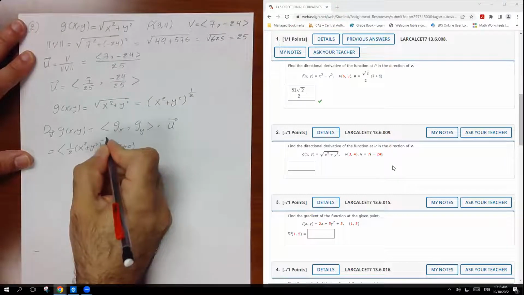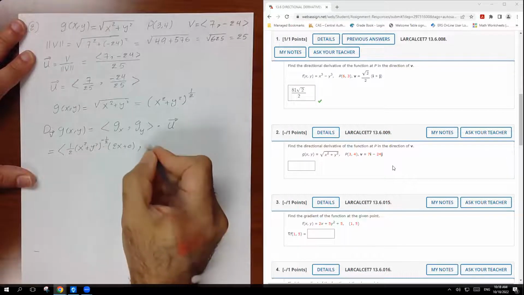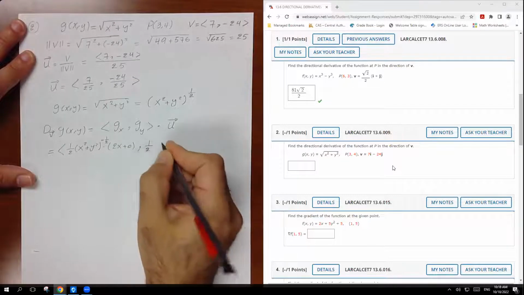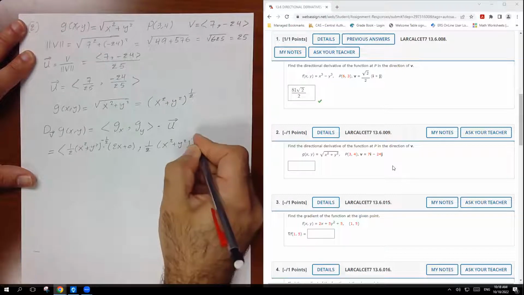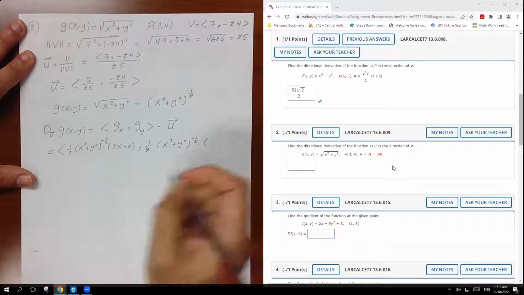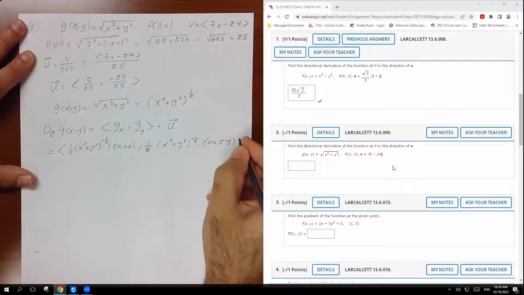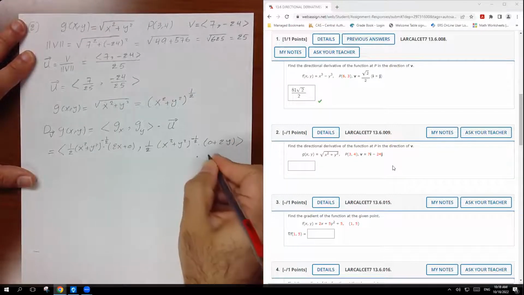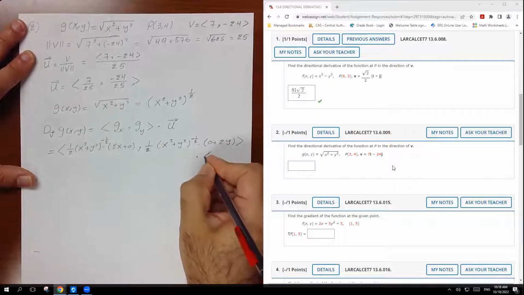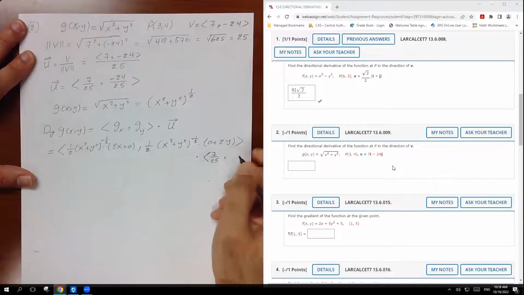The derivative of the function with respect to y is the same thing: half x squared plus y squared to the negative half, times the derivative of the inside, which is 0 plus 2y. And everything here is times the vector u, which is 7/25 and -24/25.